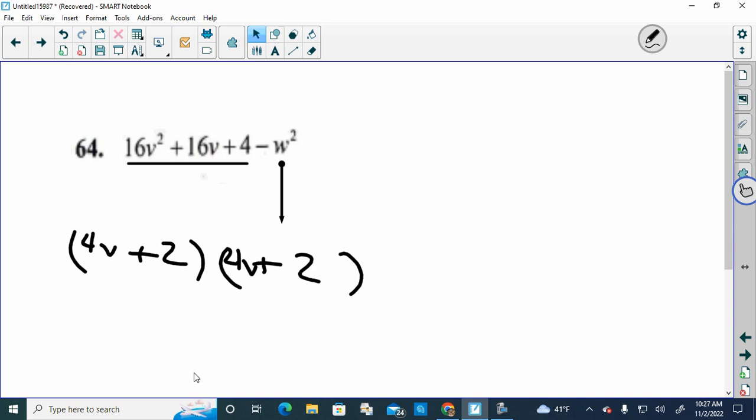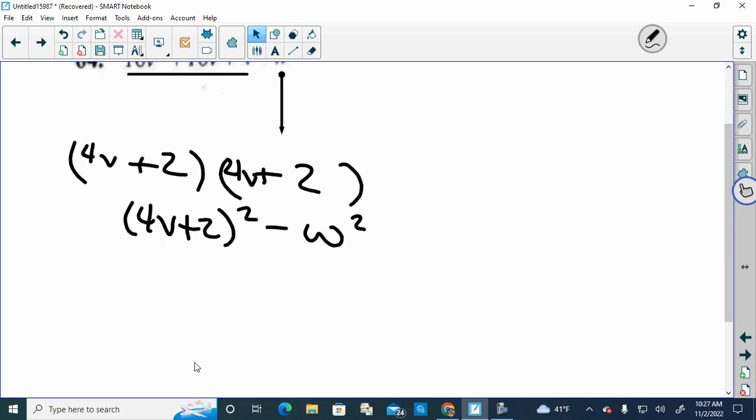Okay, so our rule was instead of writing this twice with 2 parentheses, I could write it once, right? With the 2 as an exponent, because this means the same thing as what I just wrote there. Okay, and then I bring this down. And I just created a perfect square binomial.